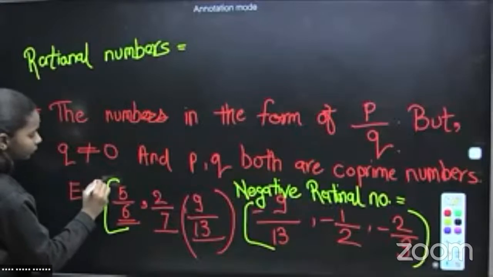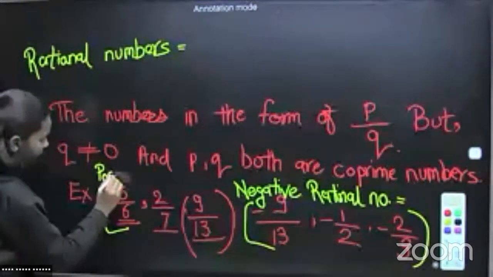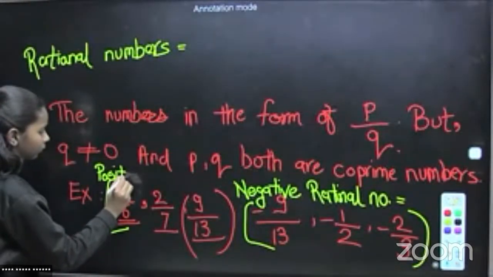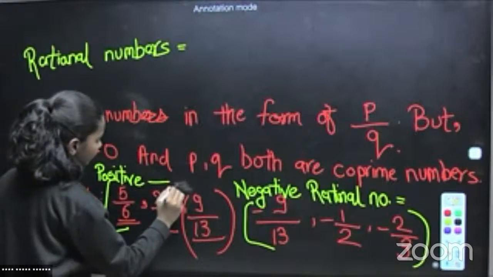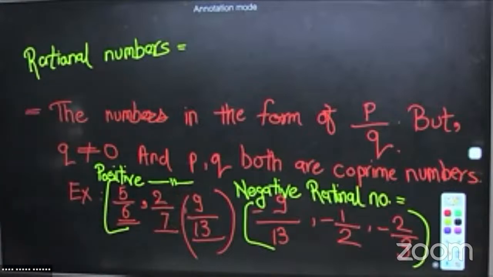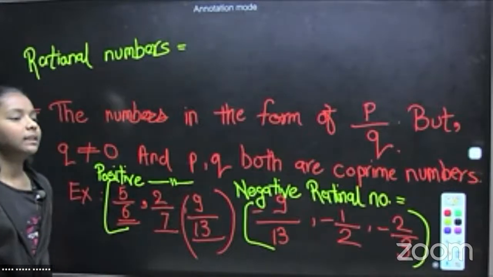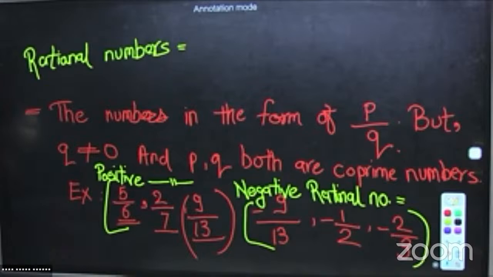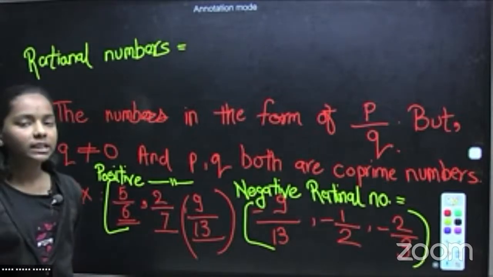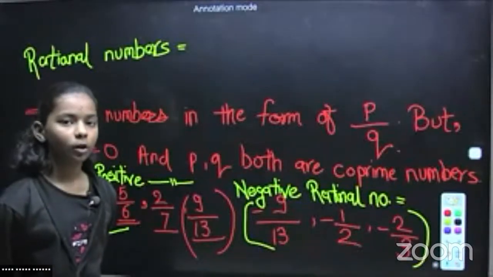So write here positive rational numbers. Positive rational numbers and negative rational numbers. So write this. All students, you have to write this in your notebook, in your copies.